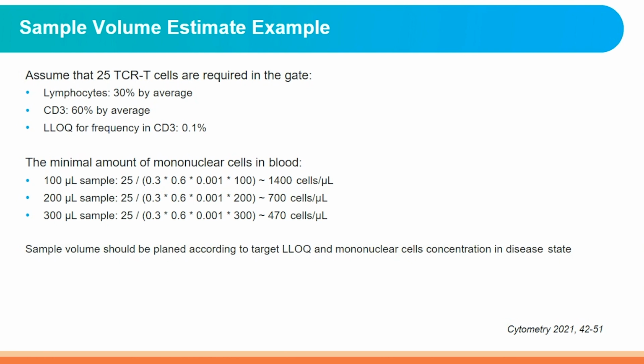And our target LLOQ for frequency is 0.1%. If we want to start with 100 microliter sample volume, the minimum amount of mononuclear cells in the blood should be around 1400 cells per microliter. If the cell number is below this, we should increase the sample volume accordingly.